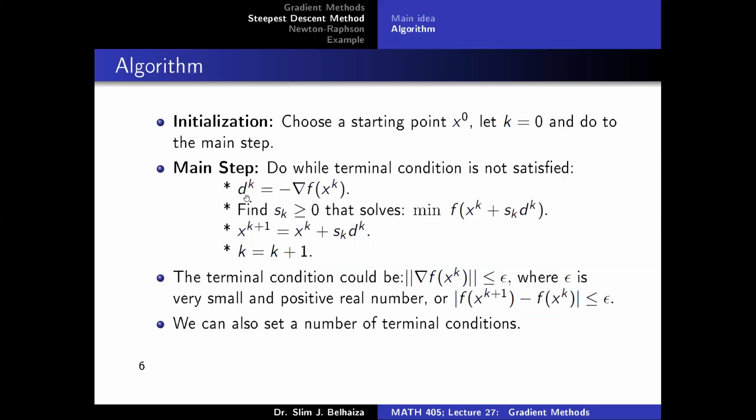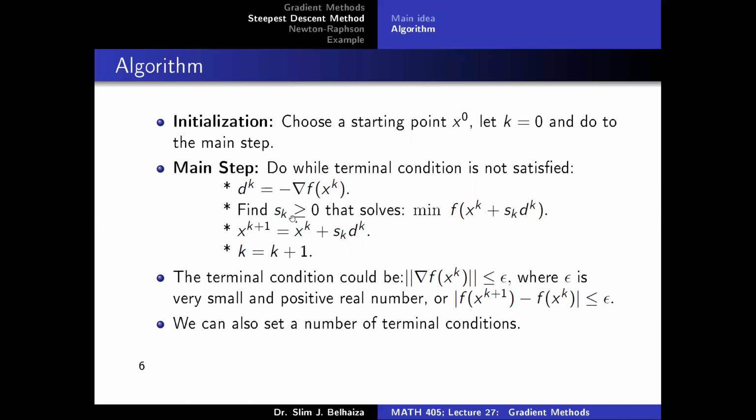So let's see how the algorithm works. First of all, we start with the initialization. We choose a starting point x0, and we let k equal 0 and go to the main step. Now, in the main step, we may enter a terminal condition, but mainly we set dk, which is equal to minus the gradient of f at the current xk.